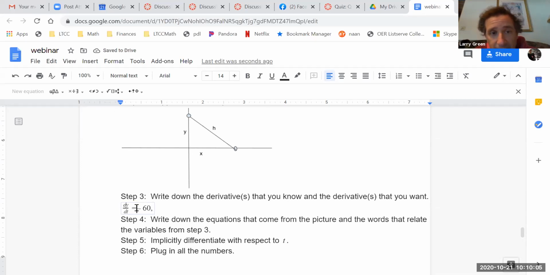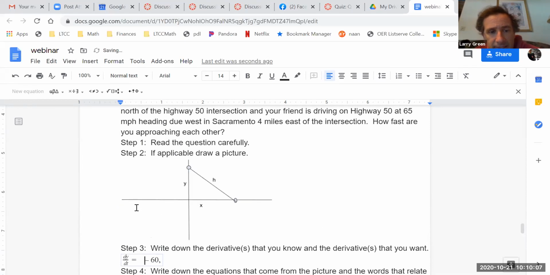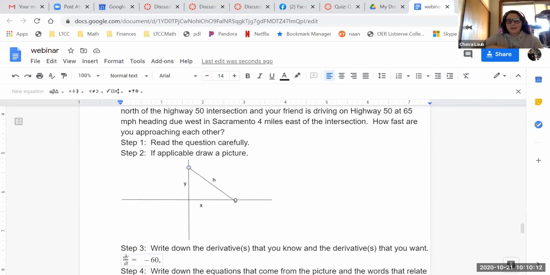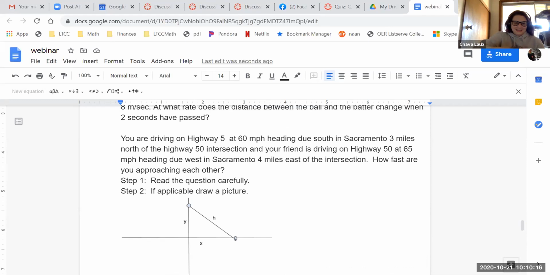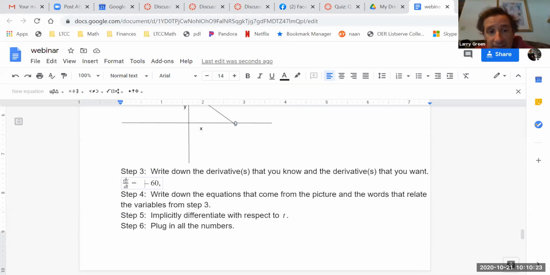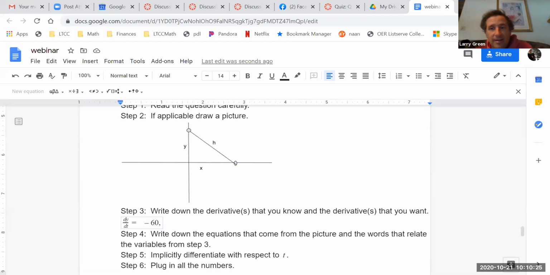That way we can fit it a little better. What else do we know? dx dt. Yeah, dx dt is? 65, good. So dx dt is negative 65, because you're going due west.